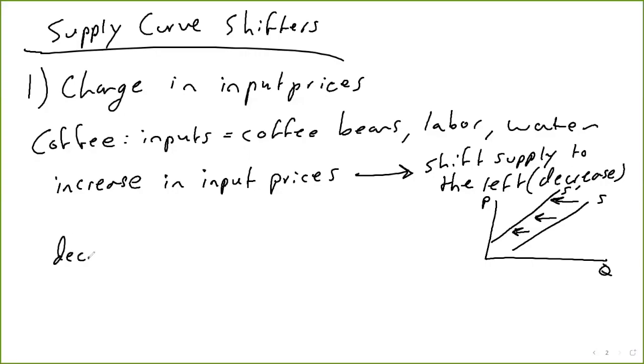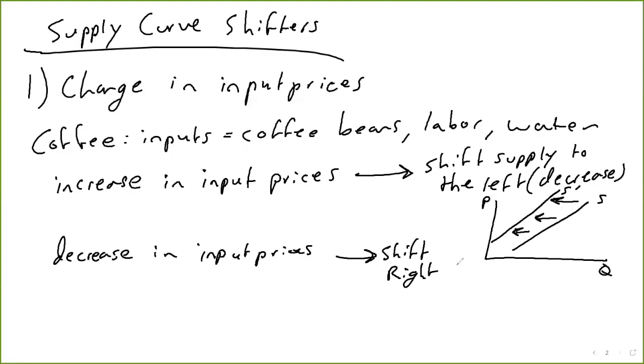Alternatively, a decrease in input prices is going to shift supply to the right. Right, because as input prices decrease, each unit of the good you're producing is more profitable. And graphically, we're going to see a shift like this.